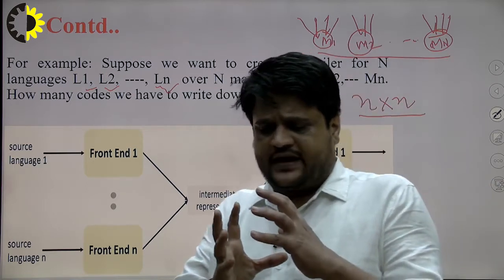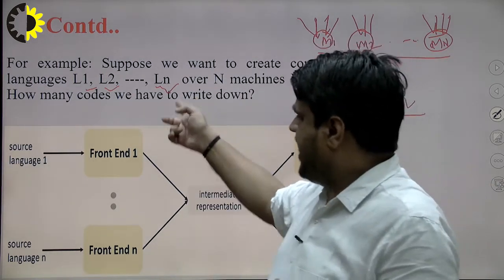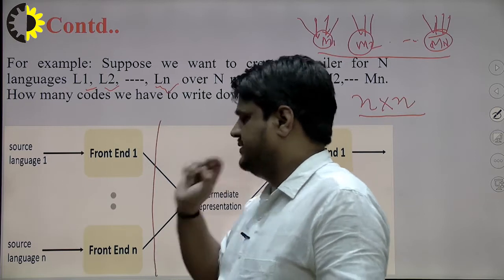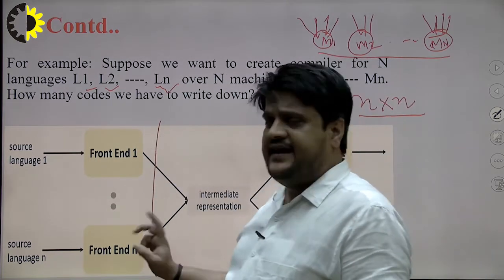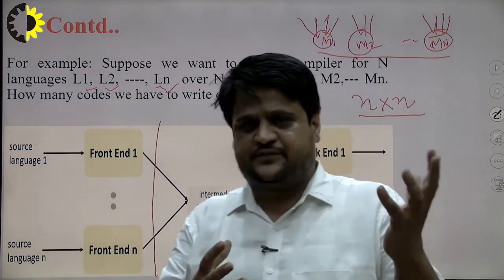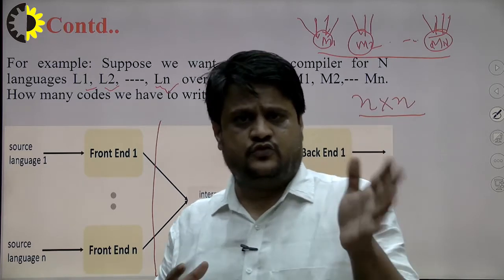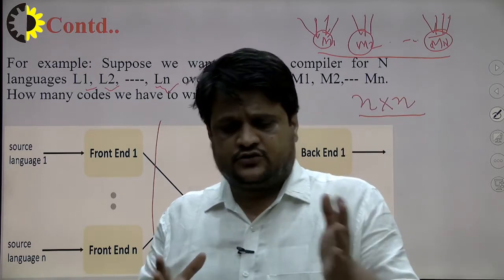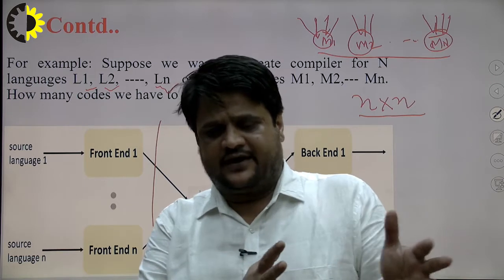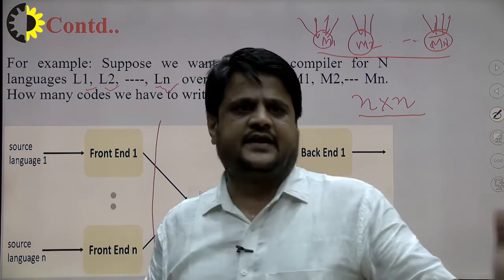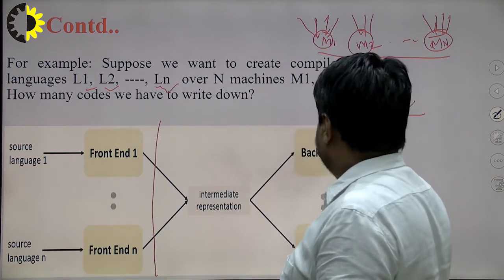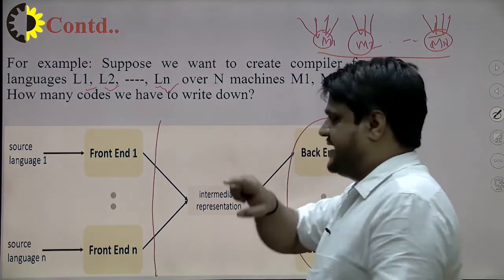But whenever you write n front ends, how many front ends? N front ends, because the front end is specific to the programming language for which you want to develop a compiler. So for different programming languages, you have to write the front end. After that, for each machine, you have to write the back end.